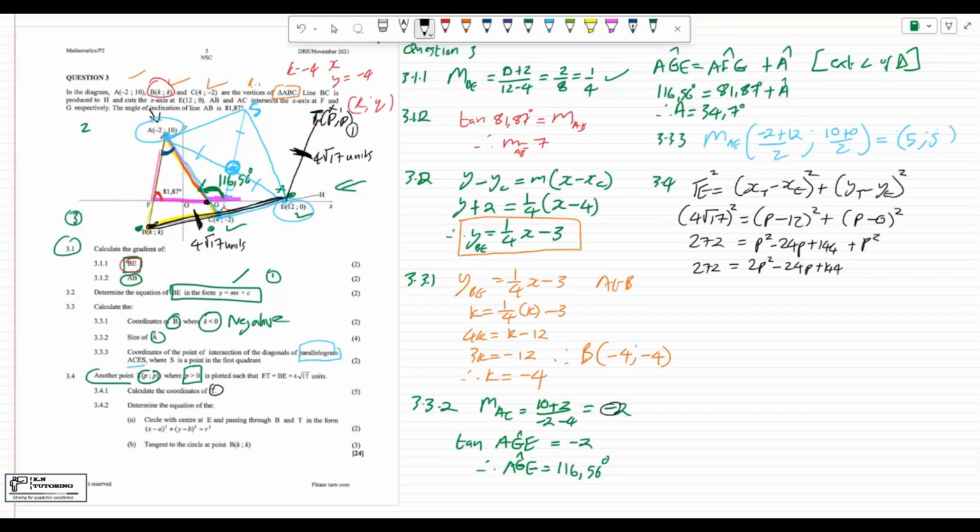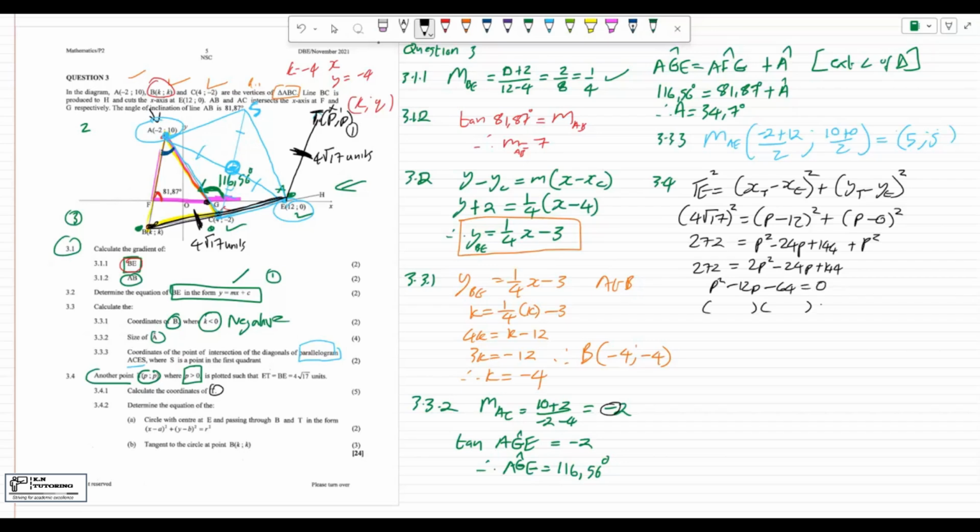I'll divide everything by 2, and move everything to one side: p squared minus 12p minus 64 equals 0.